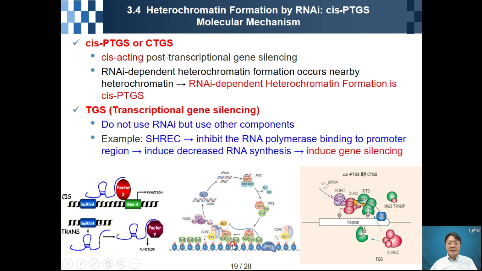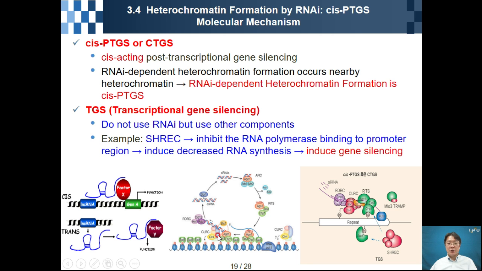So, for example, this region is in the heterochromatin region. It will synthesize siRNA. After that, the RITS complex is made. This complex binds to the nearby chromosome.